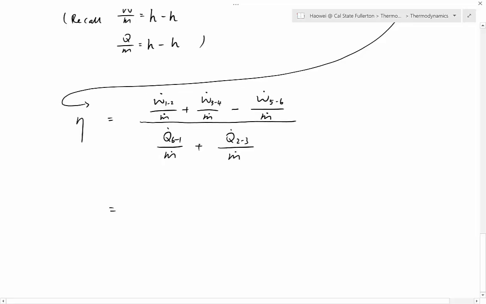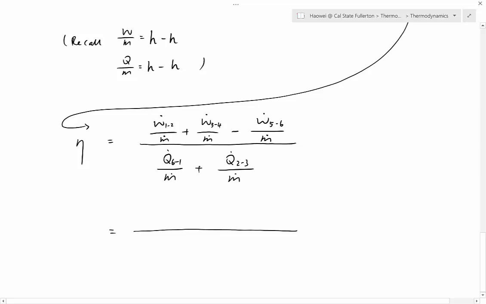Let's continue. So now we can rewrite each one of them. Let's start from W dot 1 to 2 over M dot. What should be the format of the solution? It will always be H something minus H something. The next one, we decide which one minus which one. H1 minus H2 or H2 minus H1. We always use the bigger H minus the smaller H. So which one is bigger?